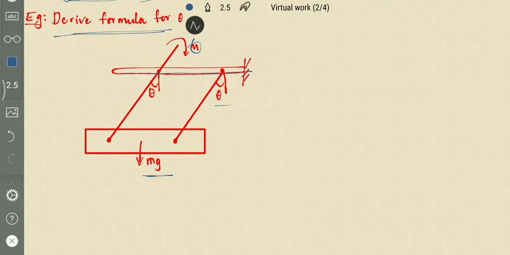That is, when moment m is applied, what is the relationship between theta and this mass and this height? Let us say this height is h, and the length of the link is b. So this is b, this is h.